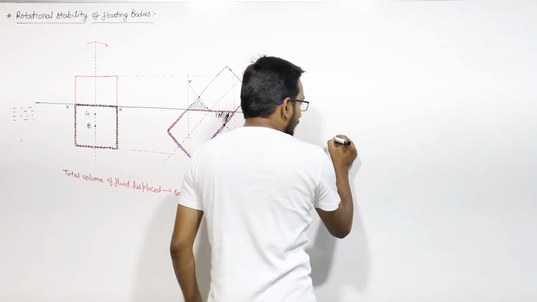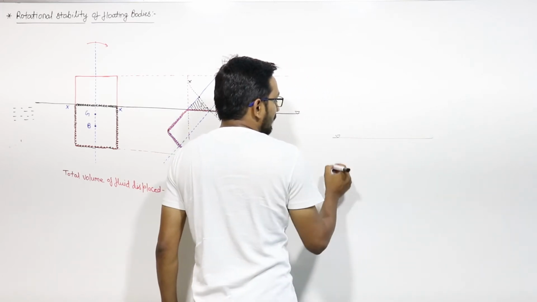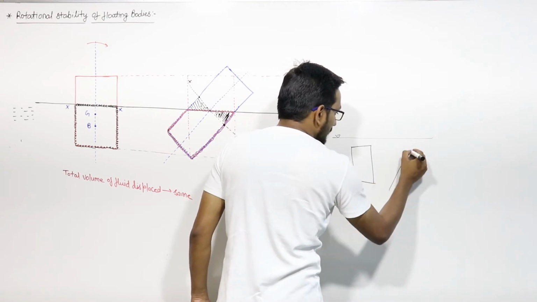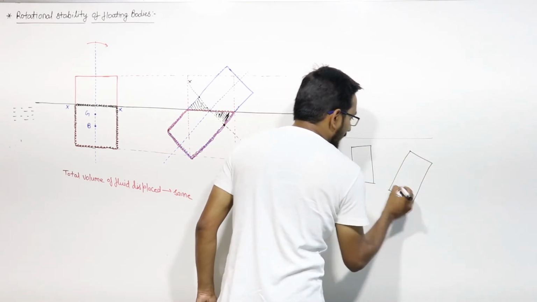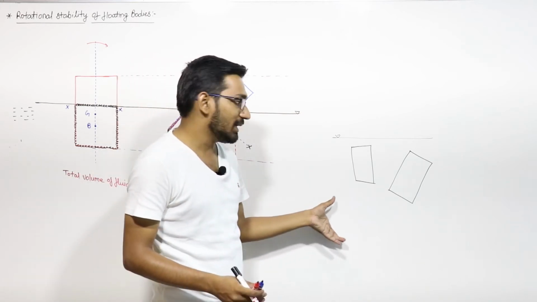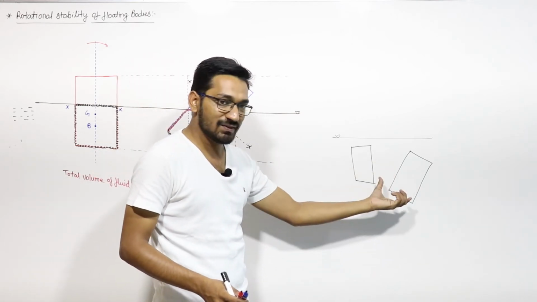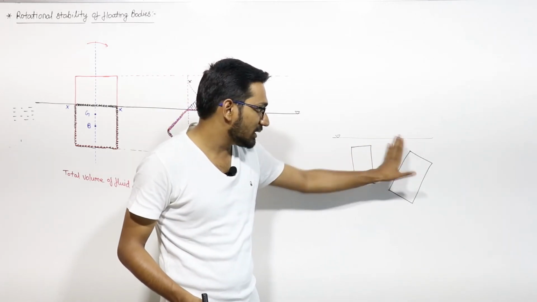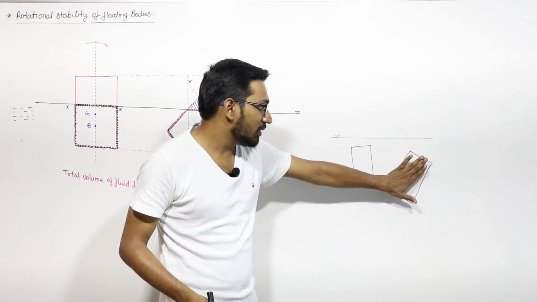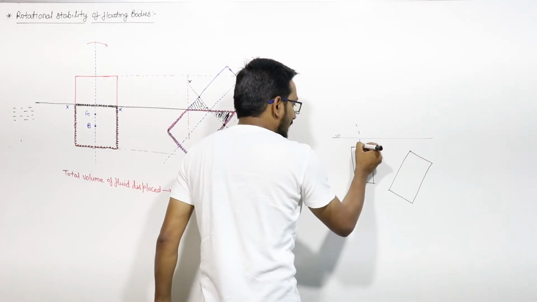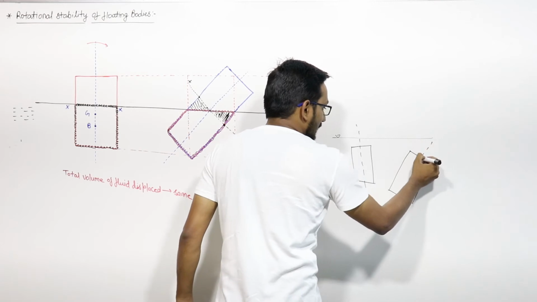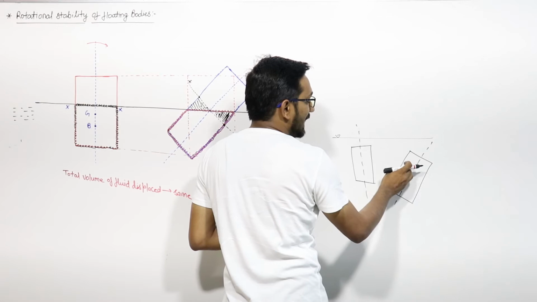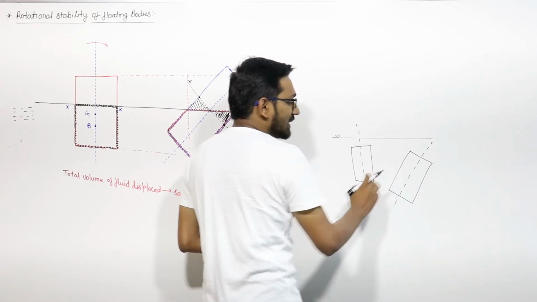Let us say this is the free surface, this is the body here, and if I tilt this body, the fluid displacement is the same in both cases. Only this body rotates. If this is the initial axis and this is the final axis, the mass distribution of the fluid displaced will remain the same on the right hand side and left hand side of this axis.